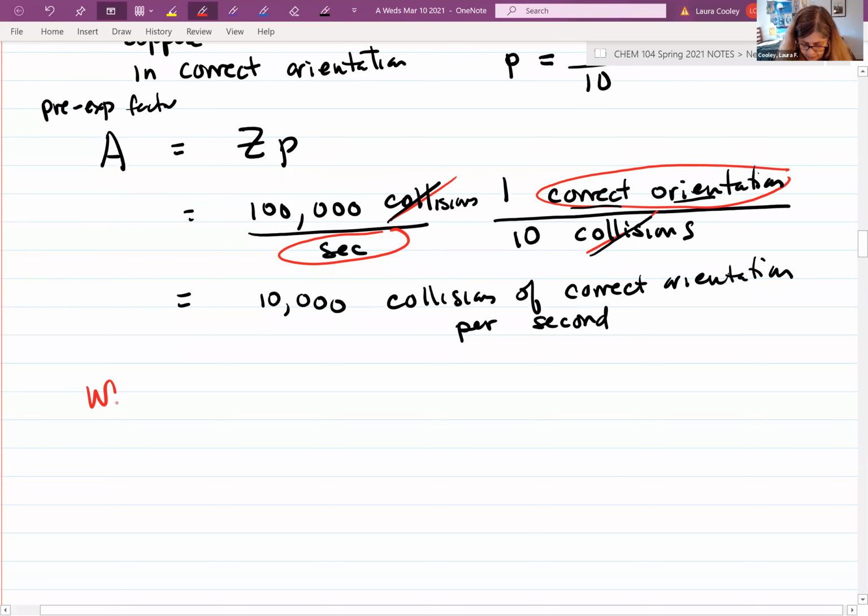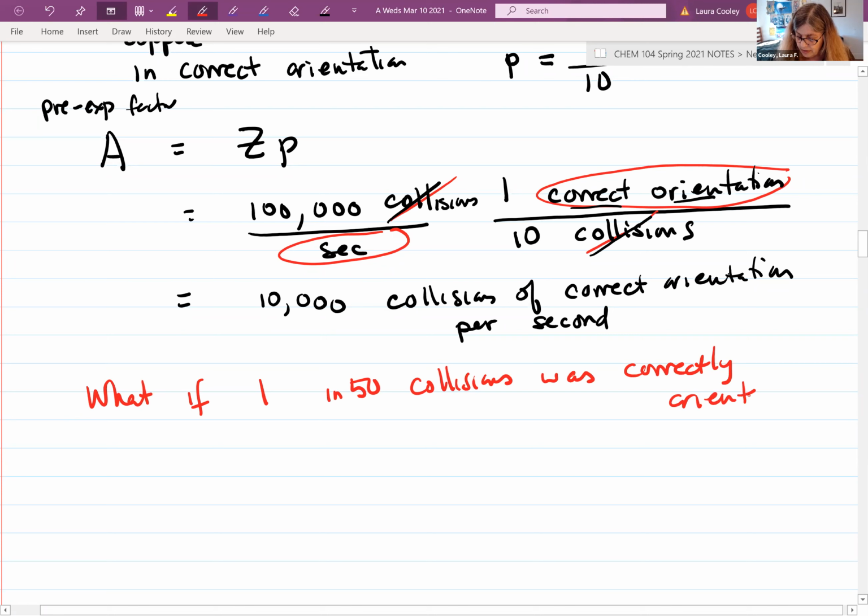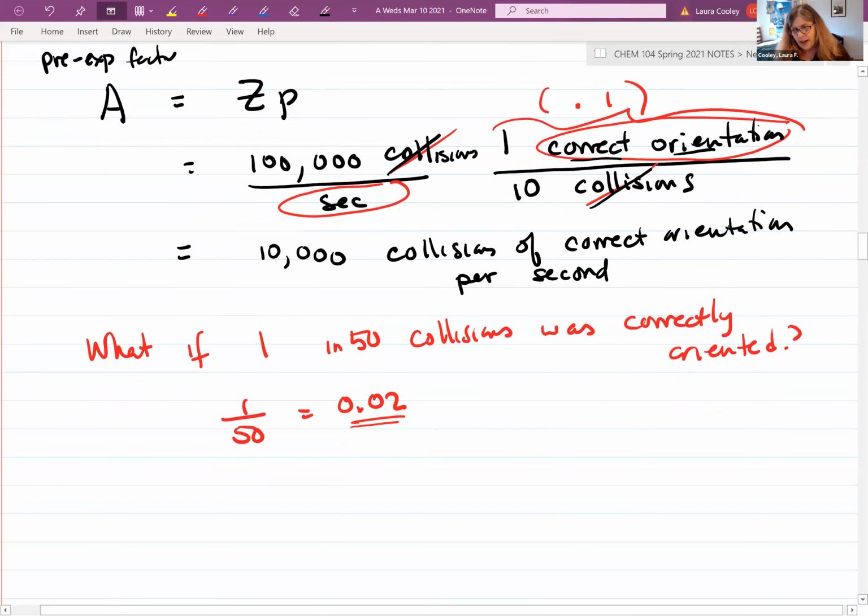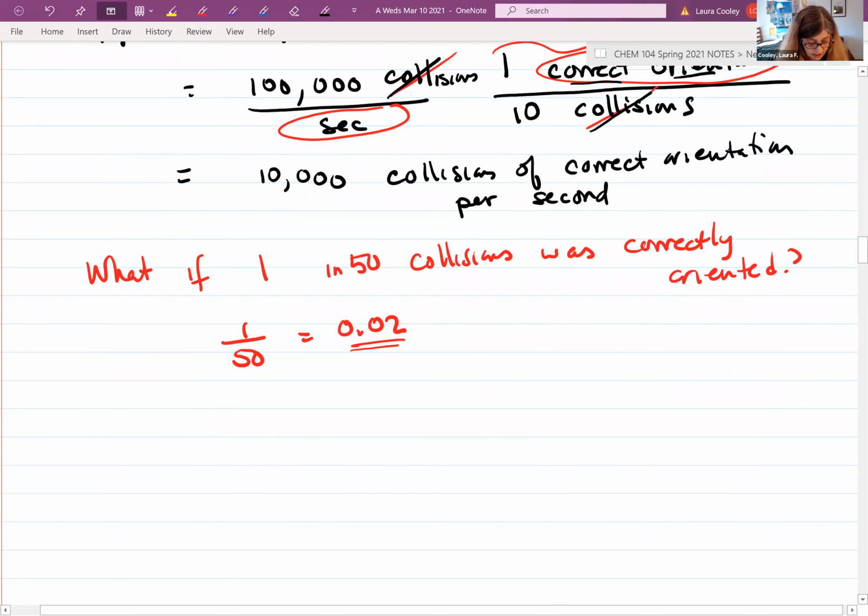So what if 1 in 50 collisions was correctly oriented? Well, 1 in 50 is 0.02. So instead of this being 0.1, if it was 0.02, that's going to mean even fewer collisions are in the right orientation.